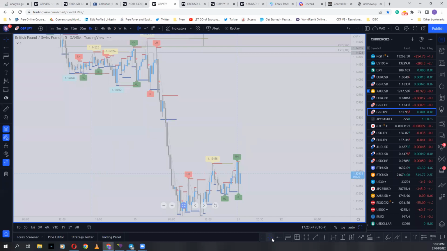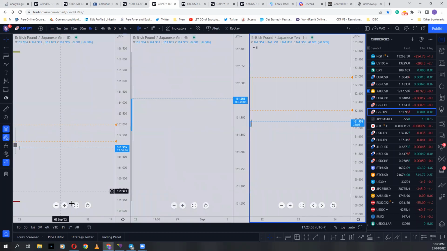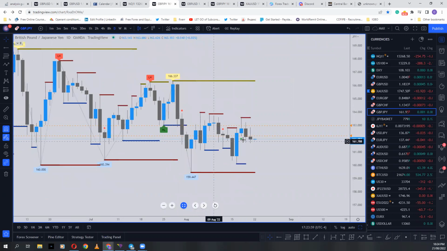So looking at the Pound Yen, this pair, if you look at it on the daily, it's in a consolidation. As you can see, it's in a consolidation on the daily.